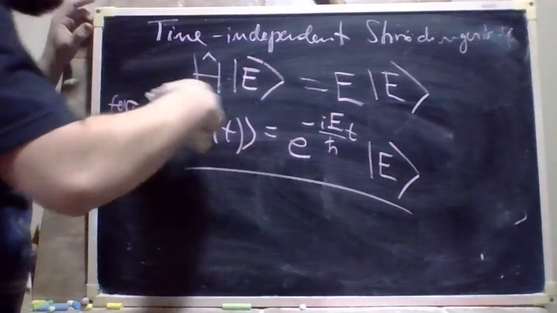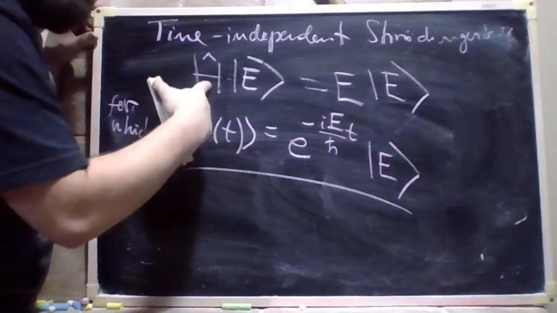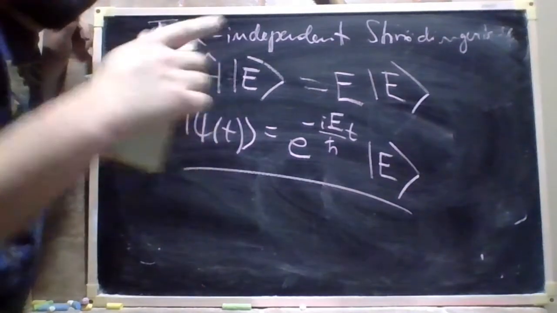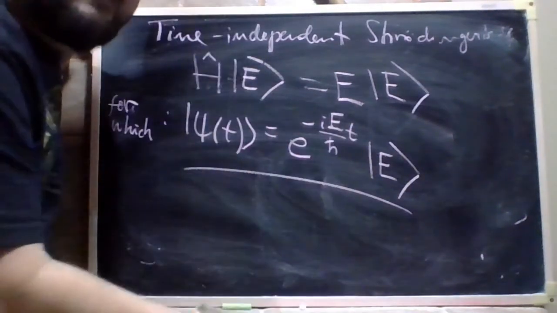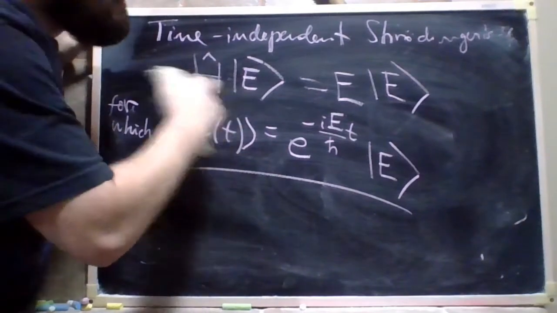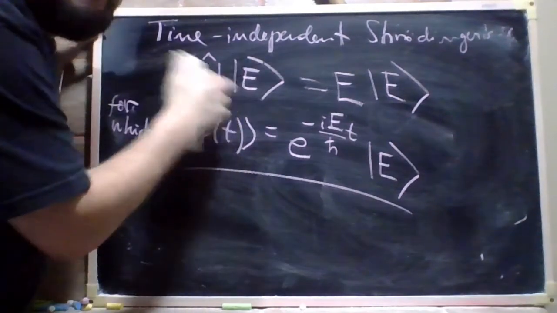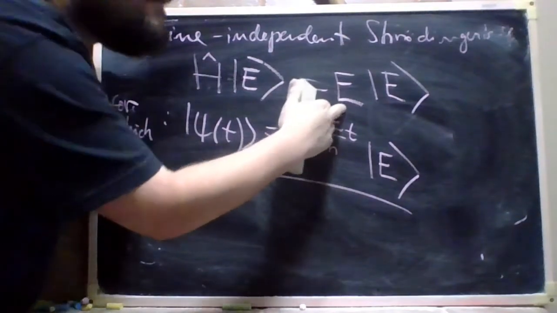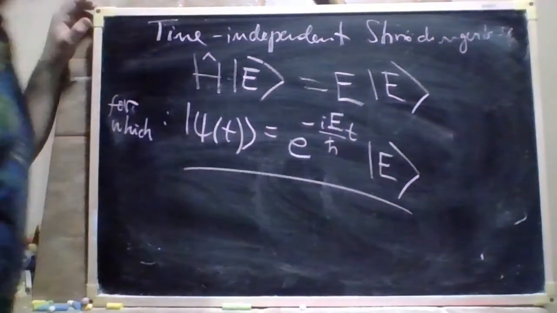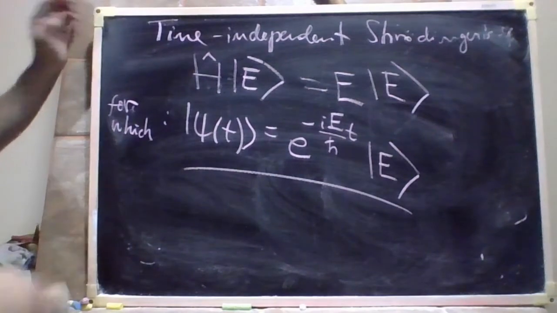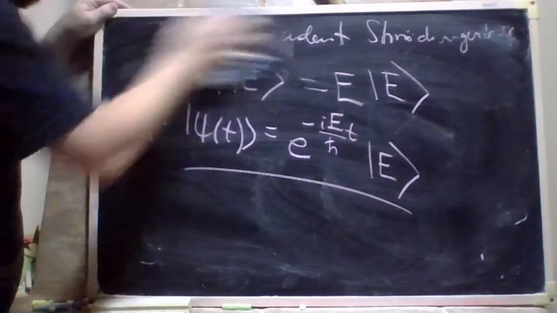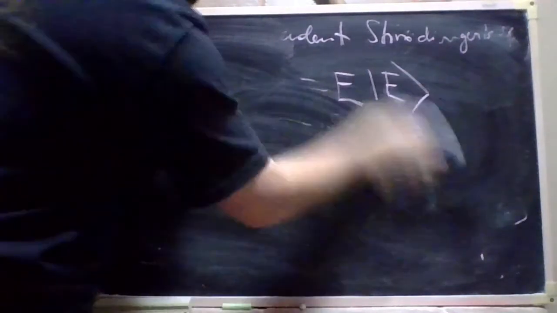You solve for a Hamiltonian which has in it potential energies and kinetic energies, and when applied to an eigenstate of it, it corresponds to an eigenenergy, an eigenvalue of it, multiplying that eigenstate. All right, it's a very important application of the Schrodinger equation.